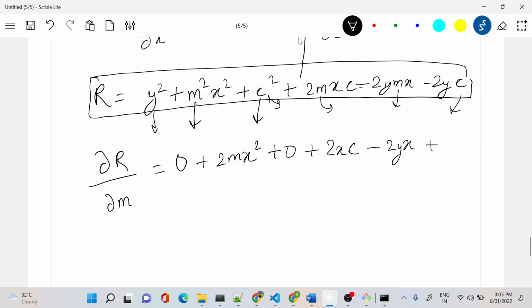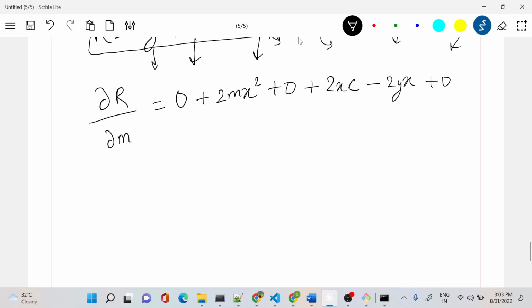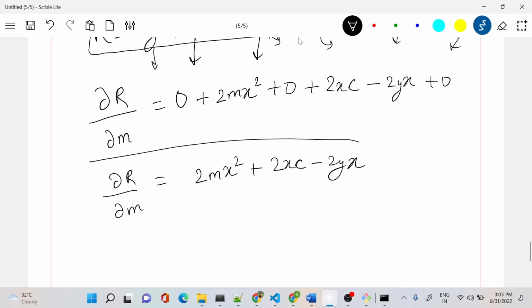Removing the 0 terms, del R upon del m equals 2m x square plus 2xc minus 2yx. This is the value we have gotten.